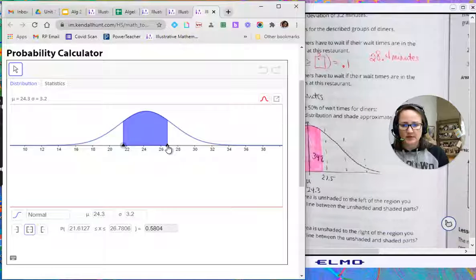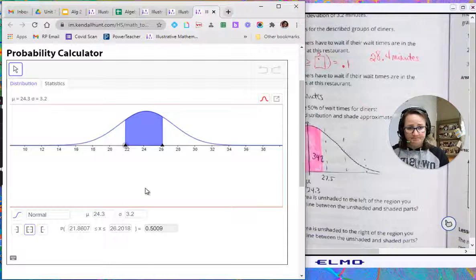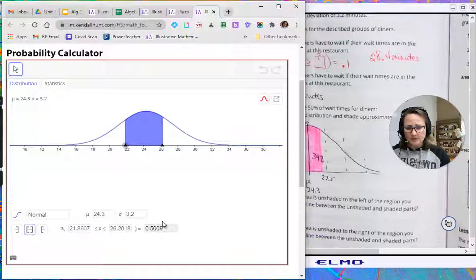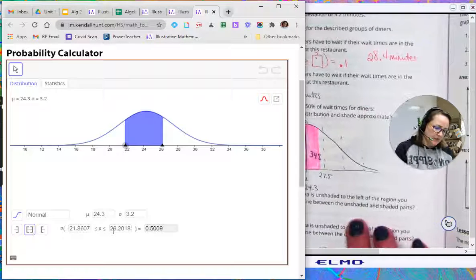I'm just going to try to evenly balance these to get about 50%. I don't think I'm going to get much closer than that. So I'm looking at 50% from somewhere around 21.9 to about 26.2.